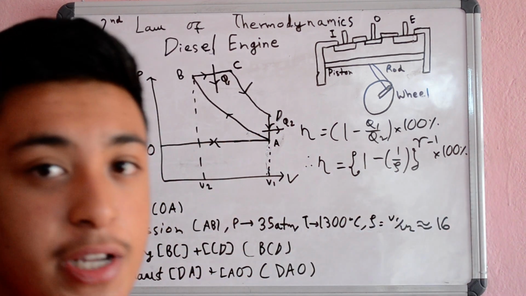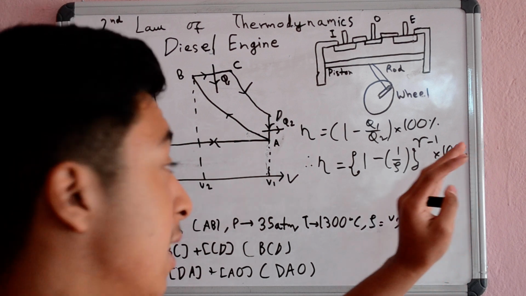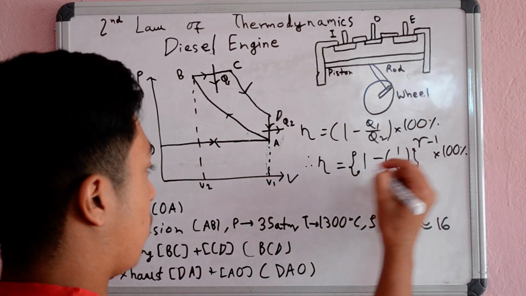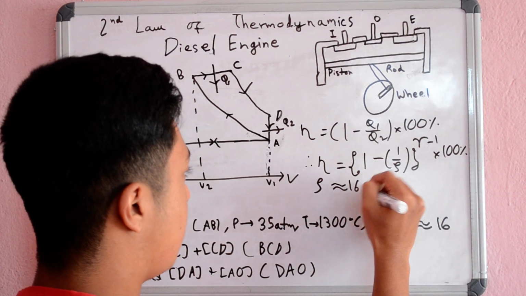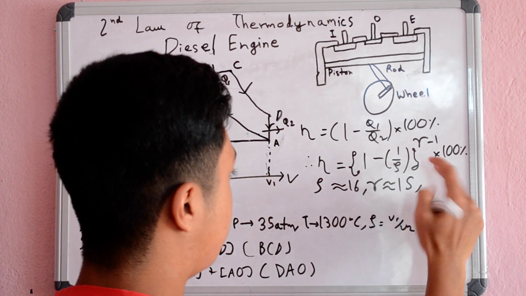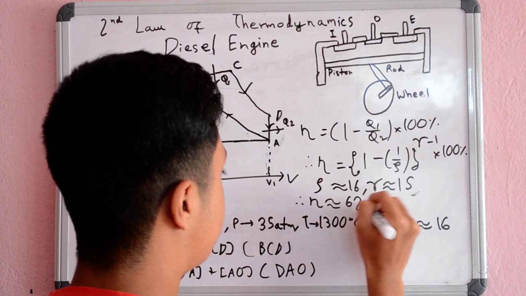Now gamma is the ratio of the specific heat constants, and in the petrol engine video I forgot to mention that the value of gamma is 1.5. Here the compression ratio is approximately 16 and gamma is approximately 1.5, and therefore the efficiency is almost equal to 62%.